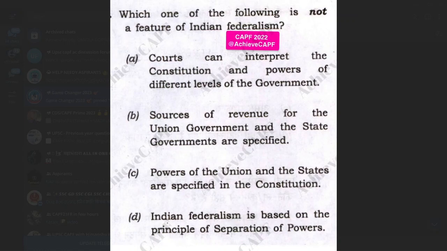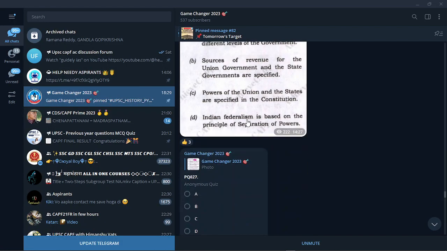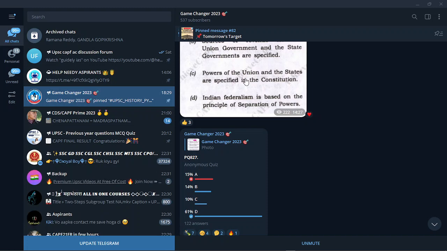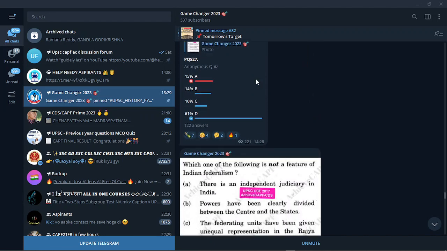A. D. Indian federalism is not based on separation of power. Separation of power is related to government functions, not to the federalism concept.